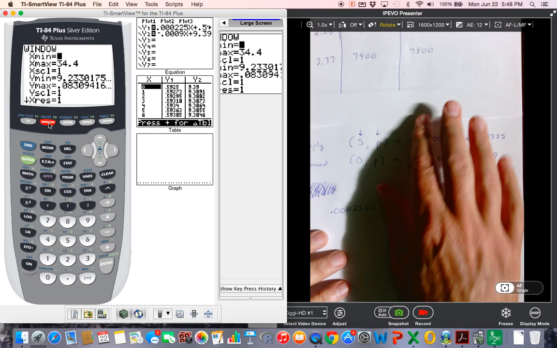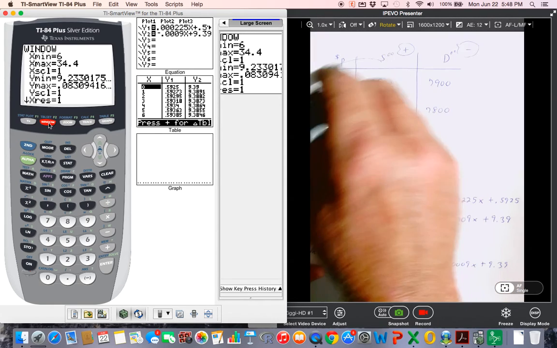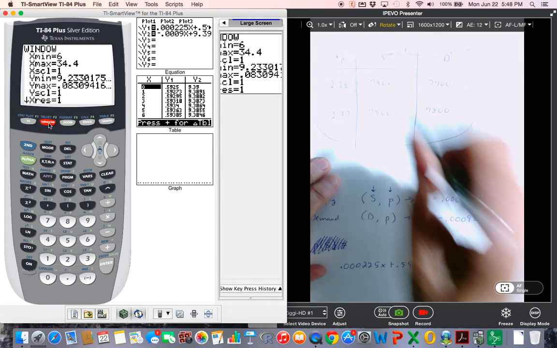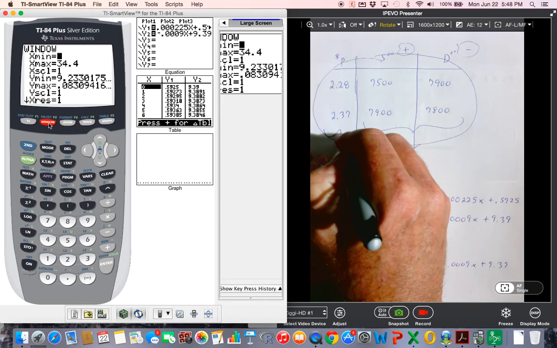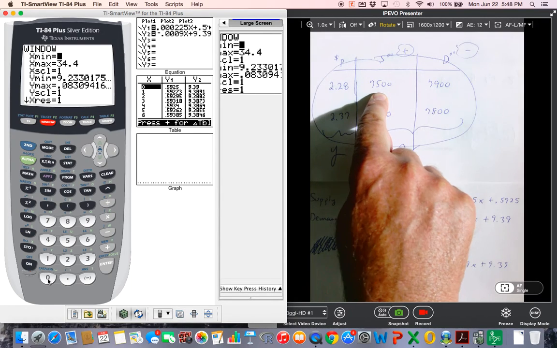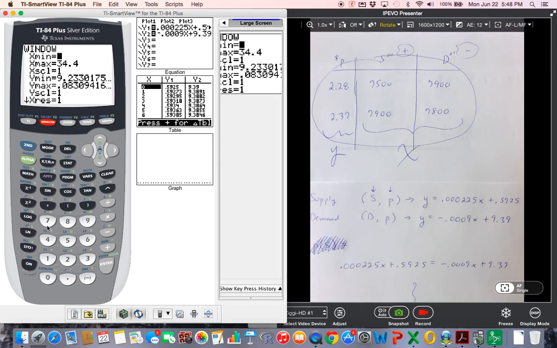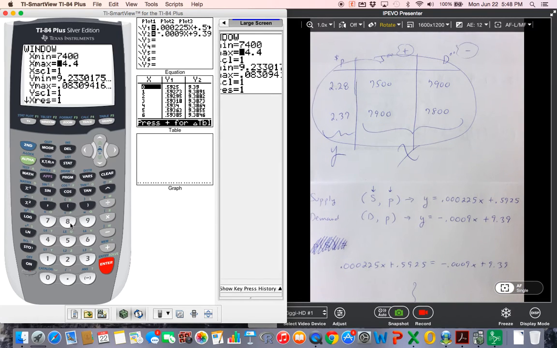These were my X's and these were my Y's. I'm going to run my X's from a little bit below the lowest X, 7,500, to a little bit above the biggest X, 7,900.